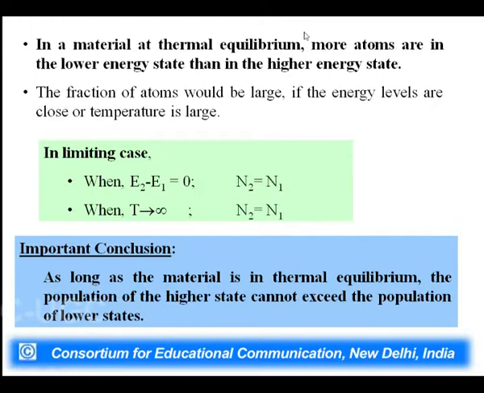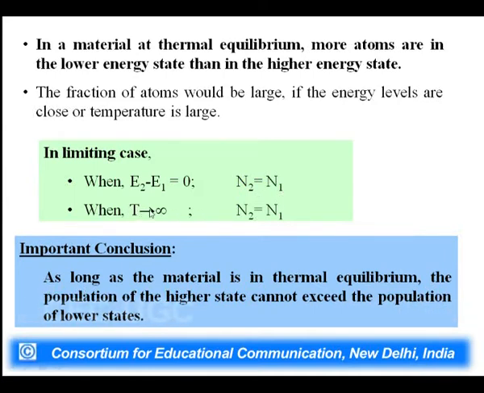In a material at thermal equilibrium, more atoms are in the lower energy state than in the higher energy state. The fraction of atoms in the upper level would be larger if the energy levels are close or the temperature is large. As we increase the temperature, the population at the upper level becomes more comparable to the ground level. In the limiting case, when E2 - E1 = 0, the populations of both levels are equal, N2 = N1.